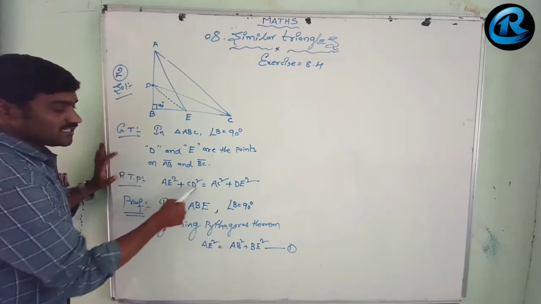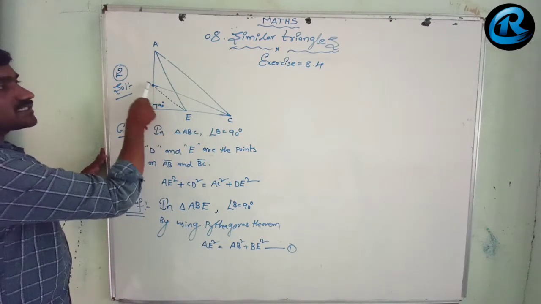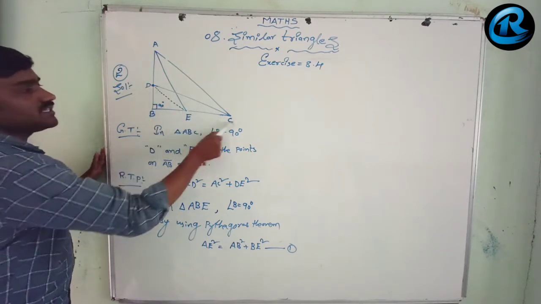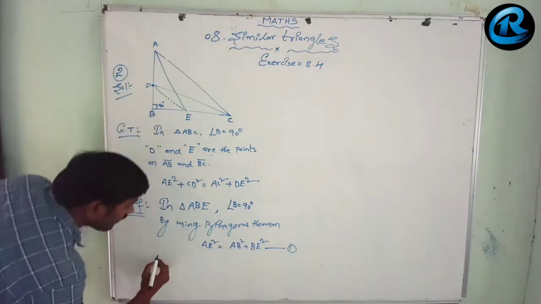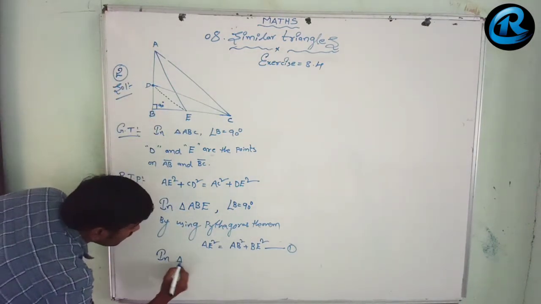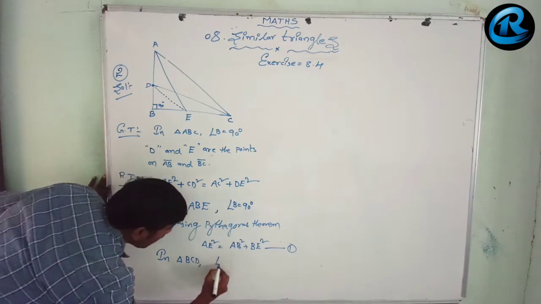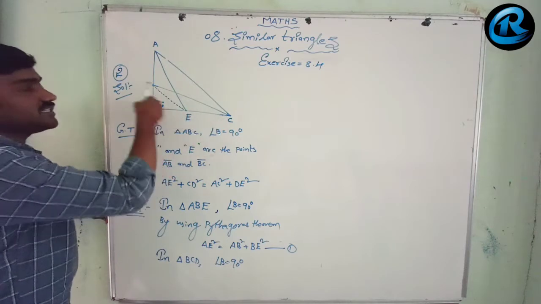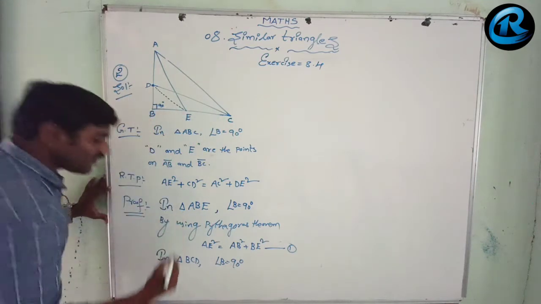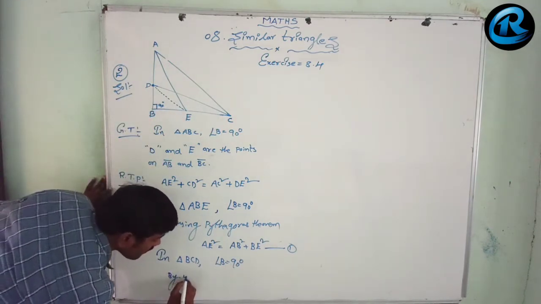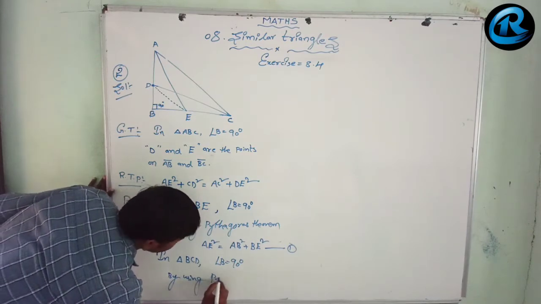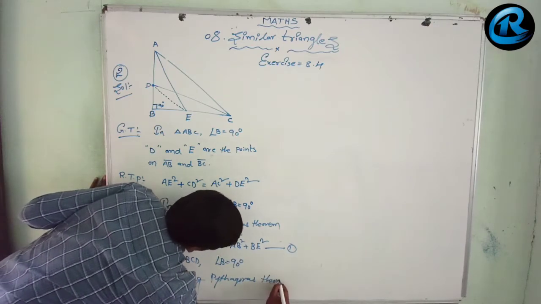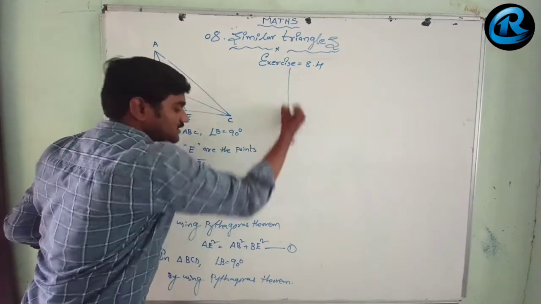Now let us go for CD square. Where do you get the CD? Here the CD. In such a way you take a triangle, we can take the triangle BCD. In triangle BCD, angle B is again 90 degrees. So it is a right angle triangle. So by using Pythagoras theorem, what we can write?